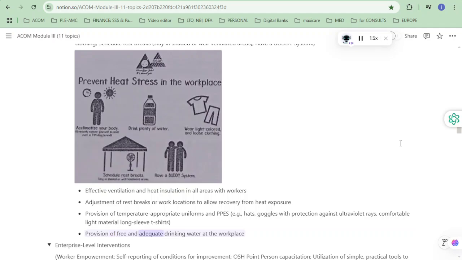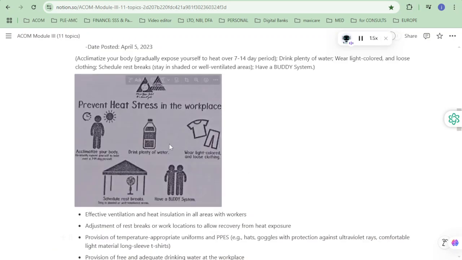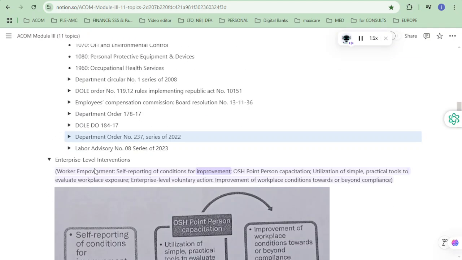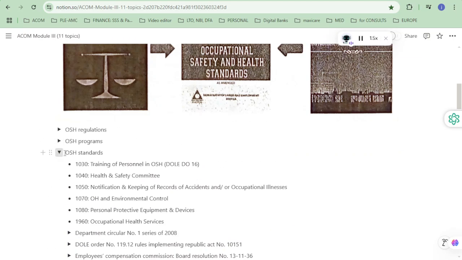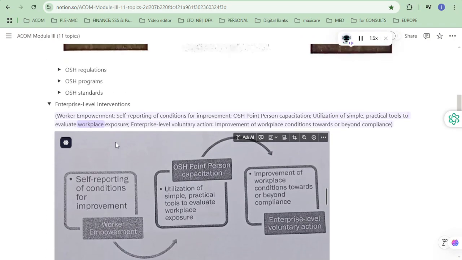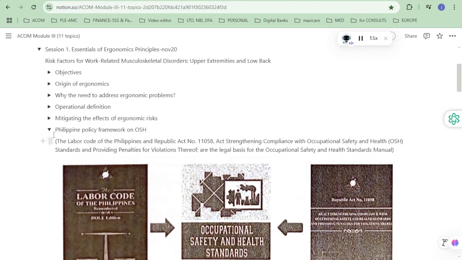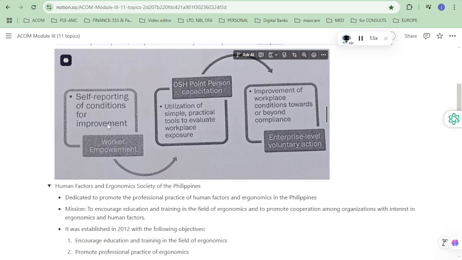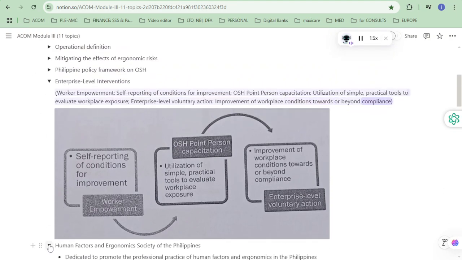Provision of free and adequate drinking water at the workplace. Enterprise-level interventions: worker empowerment, self-reporting of conditions for improvement, OSH point person capacitation, utilization of simple, practical tools to evaluate workplace exposure, enterprise-level voluntary action, improvement of workplace conditions towards or beyond compliance.